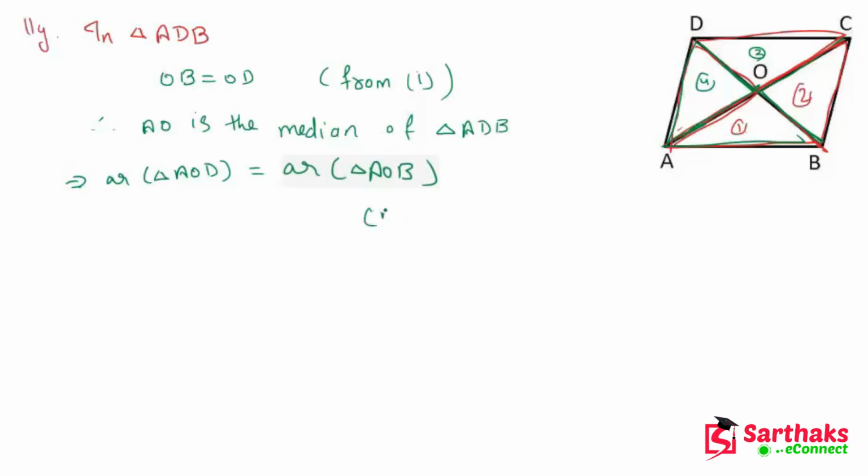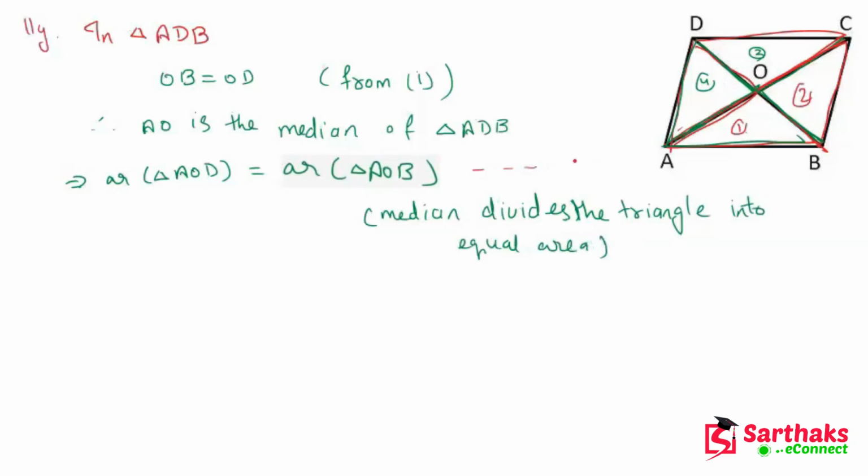So the reason is: a median divides the triangle into equal areas. Now let's suppose this is equation number 5.